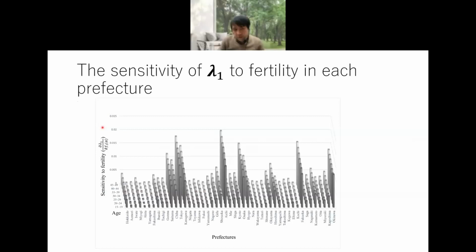This figure shows the sensitivity of each prefecture to the birth rate. Miyagi and Hokkaido have cities with populations exceeding 2 million, Sendai and Sapporo respectively.